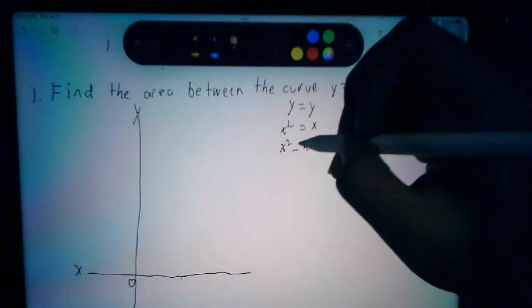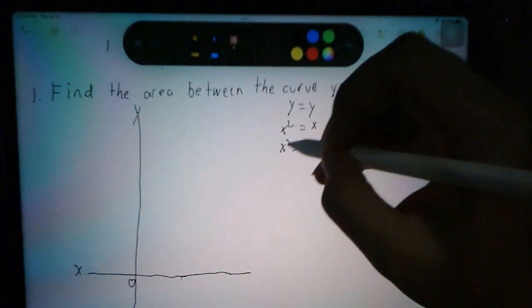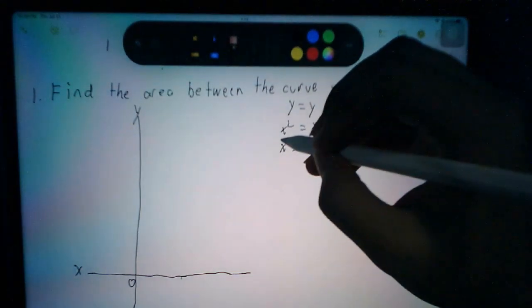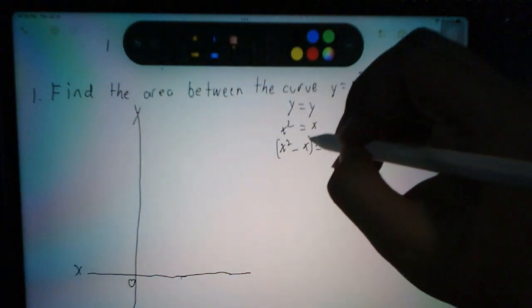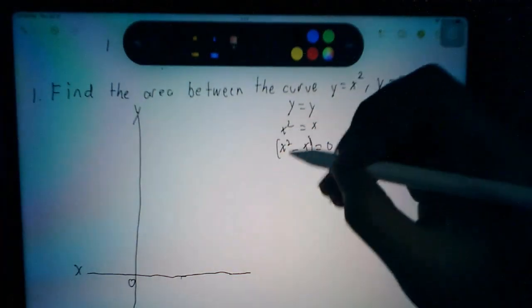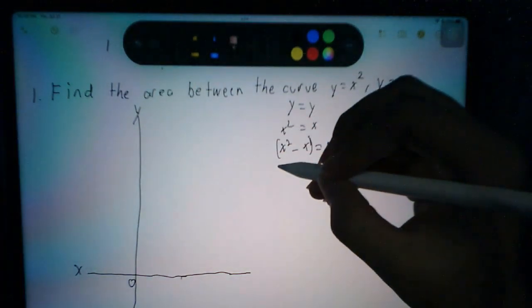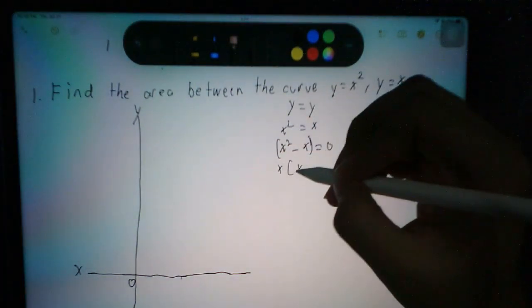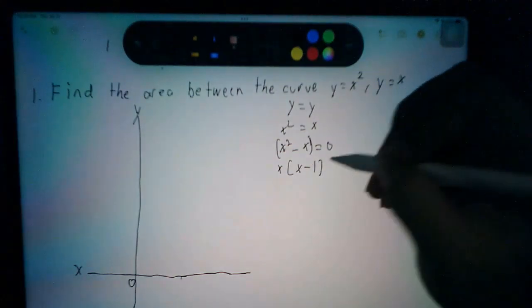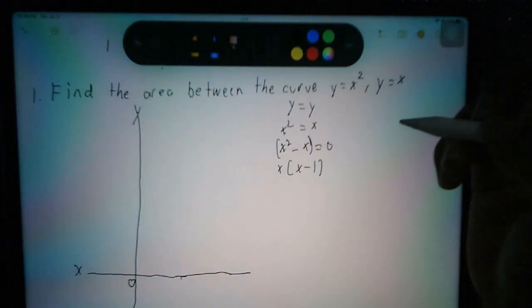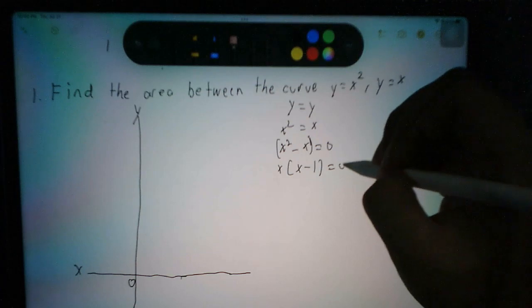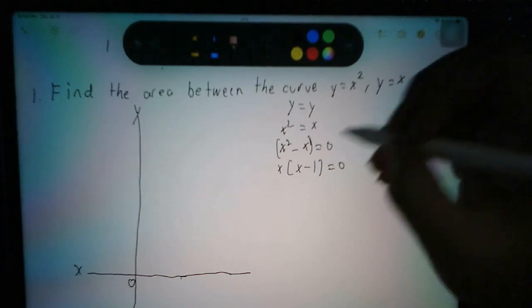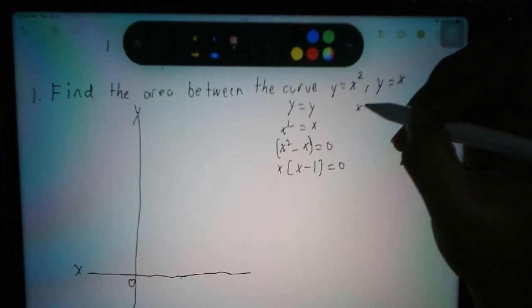Now we factor this equation. The common factor here is x, so x times x minus 1 equals 0.